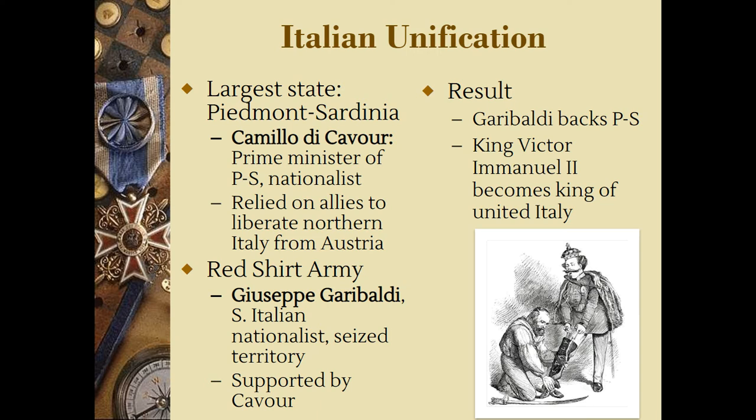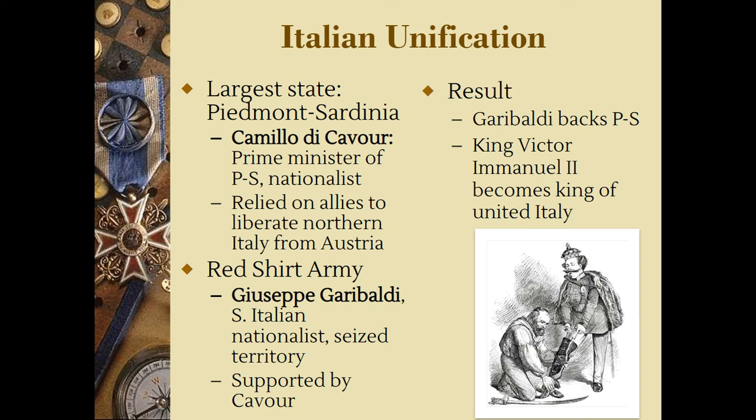And basically, these two, after collecting an amount of territory in northern and southern Italy, are going to agree that they are going to join their territories together. And there you have the unification of Italy. So these two revolutionaries are going to work together to unite northern and southern Italy.